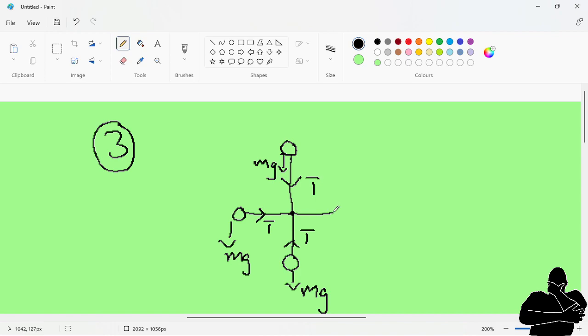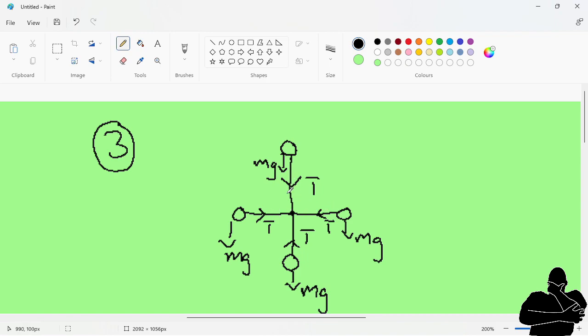And you could also extend out here and say when the stone is at this position, it also has another tension, and its weight also acts downward. In this scenario here, the only force acting to keep the stone in the circle, or the only force pulling the stone towards the center of the circle, is tension.